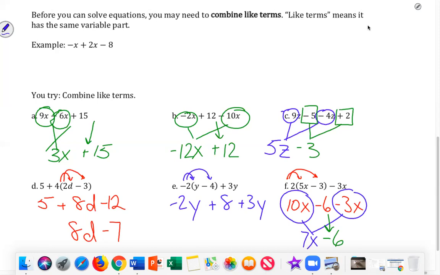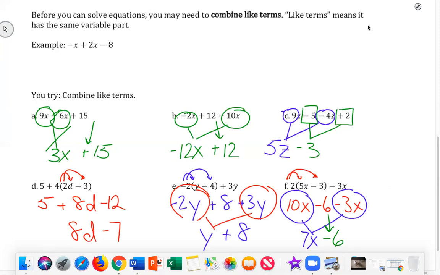So Jordan got that, and then I heard a y at the end because she combined those, and those give me y because negative 2 plus 3 is y. And Jordan, did you say plus 8? Yeah. There we go. Nicely done.